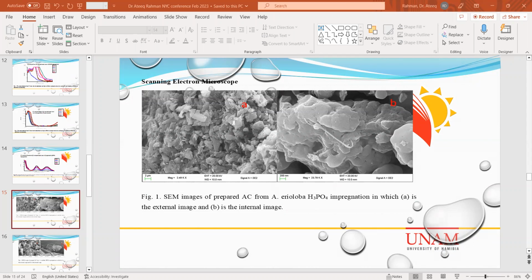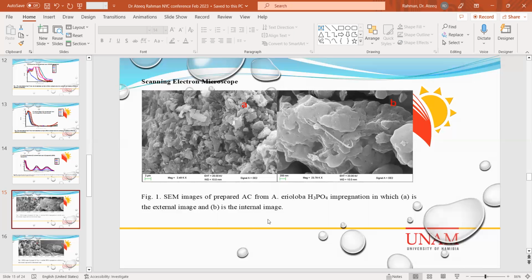So you can close and re-share your screen again. Stop sharing your screen and you can continue again. Now is it coming? It's showing slide number 15. Is it visible to you? Yes, sir. Okay, I can see slide number 15. Okay, thank you.